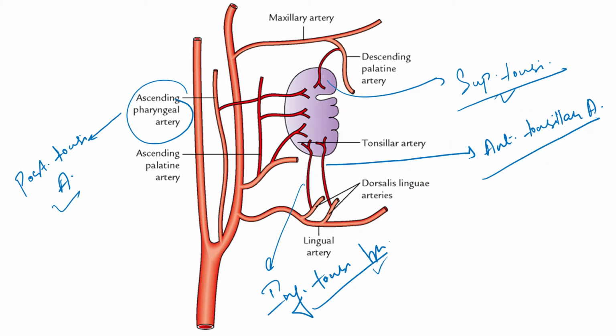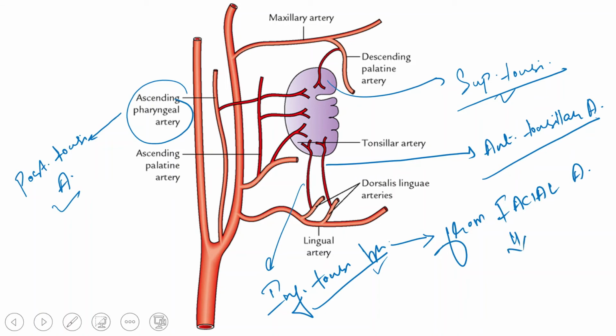Among all these tonsillar branches, the inferior tonsillar branch from the facial artery is called the principal artery of the palatine tonsil.